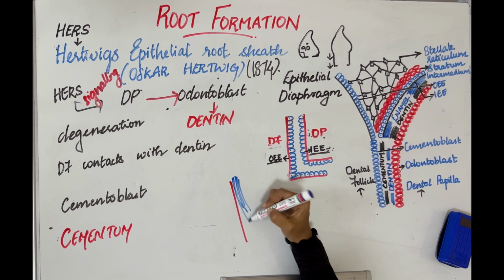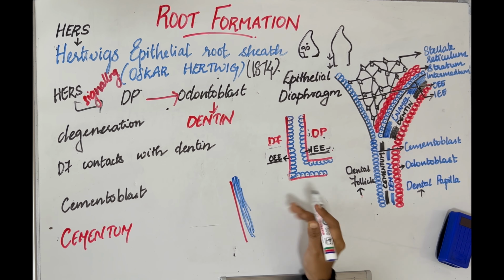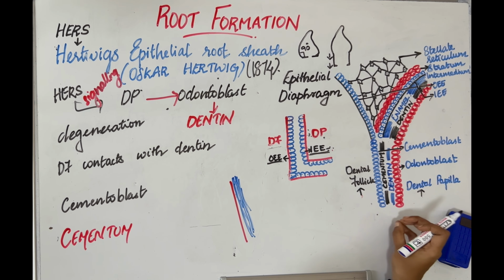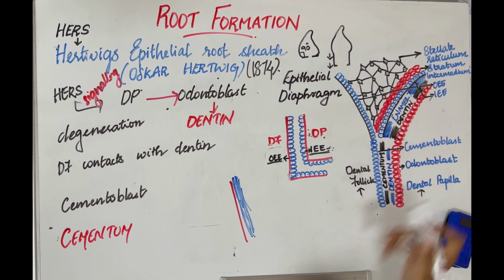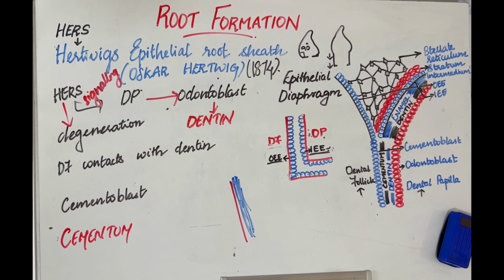Once dentin formation has reached completely apically, after the formation of odontoblasts, Hertwig's epithelial root sheath undergoes degeneration, or there is a break in the continuity of the cells.